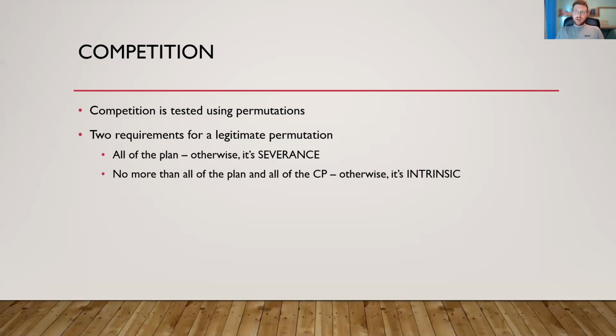A functionally severing perm is a perm that removes some function that is in the plan, and a textually severing perm is an argument that removes words that are in the plan. So it's all the same logical argument, but the functional and textual difference is just about how you measure what the plan is. Do you look at what it does, or do you look at what it says? That's all it is.